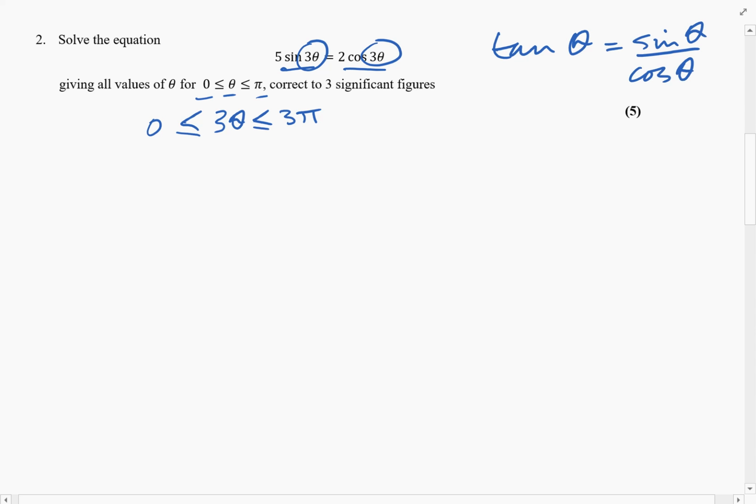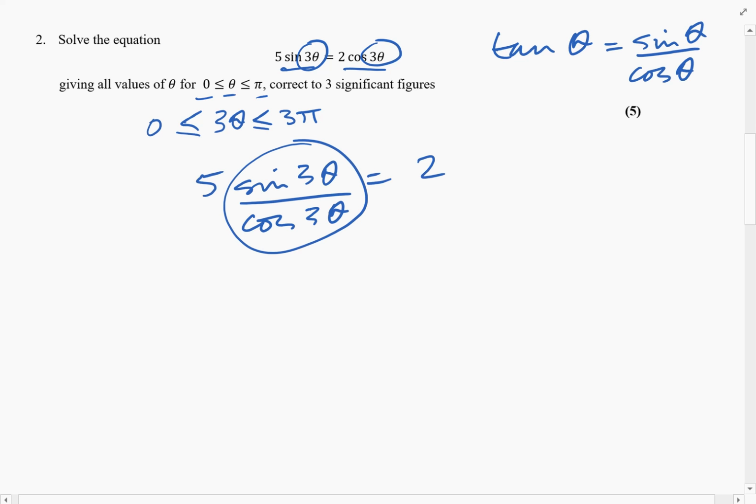So if we divide both sides by cos 3 theta here, we'll get 5 sine 3 theta over cos 3 theta equals 2. And so this is going to be tan 3 theta. And let's divide both sides by 5. So we get 2/5 there.